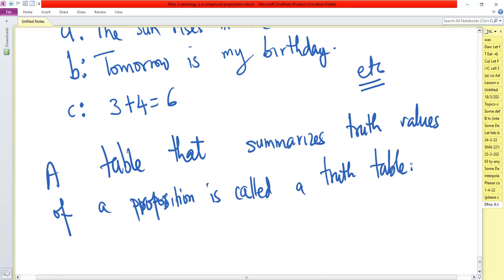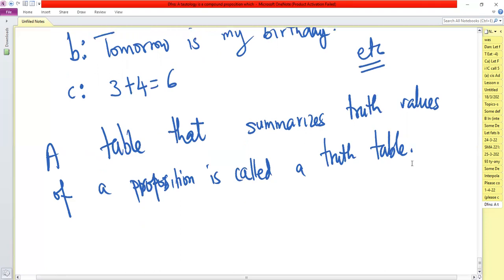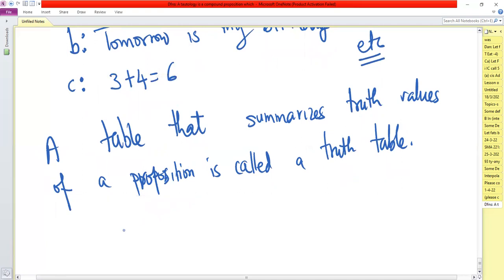And so the truth value of a proposition is the truthness or the falsity of a proposition. So it can either be true or false. True is represented by capital T or sometimes a digit 1, and false is represented by capital F or digit 0 in some cases. So that is what we have to know about propositions.